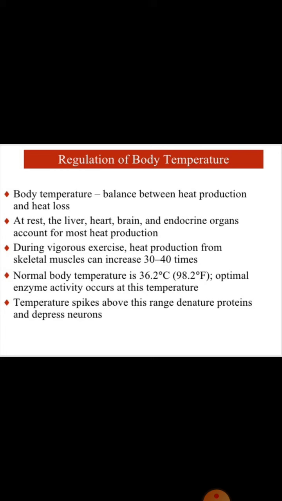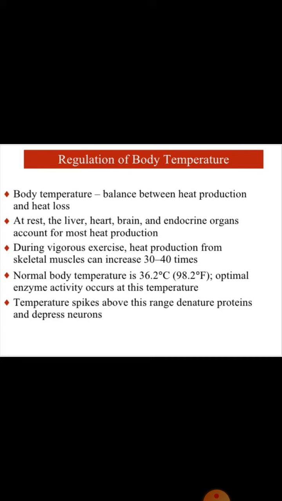Then regulation of body temperature, this is the main topic of our syllabus. In the regulation of body temperature, the body temperature balances between heat production and heat loss. So keep the body temperature normal. At rest, the liver, heart, brain and endocrine organs account for most heat production. During vigorous exercise, the heat production from the skeletal muscles can increase up to 30 to 40 times.